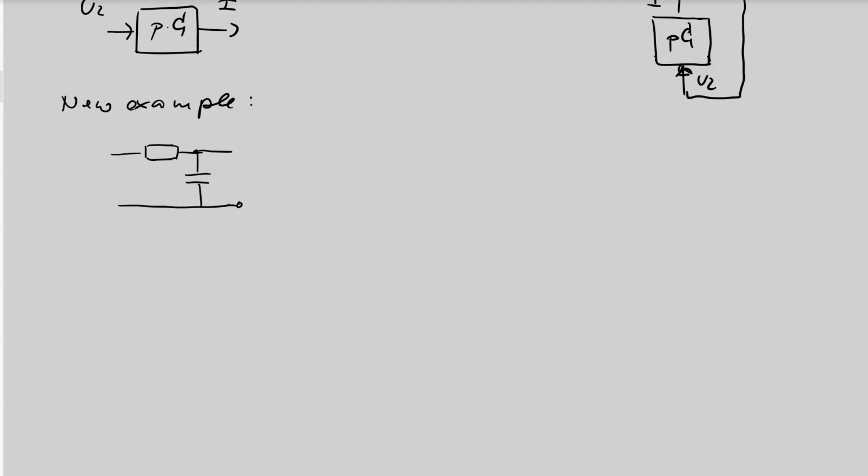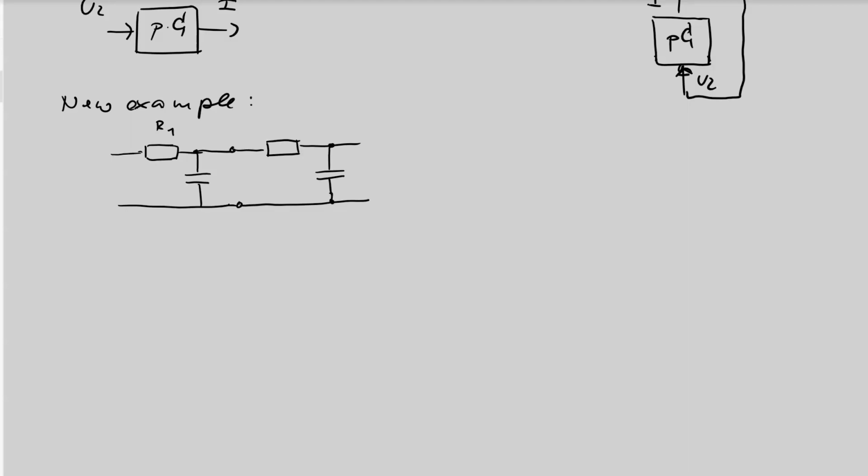Now we connect a second RC low-pass filter. And I will show you, and I think then you can see that this method works independent of the complexity of your system. The strategy is always the same.